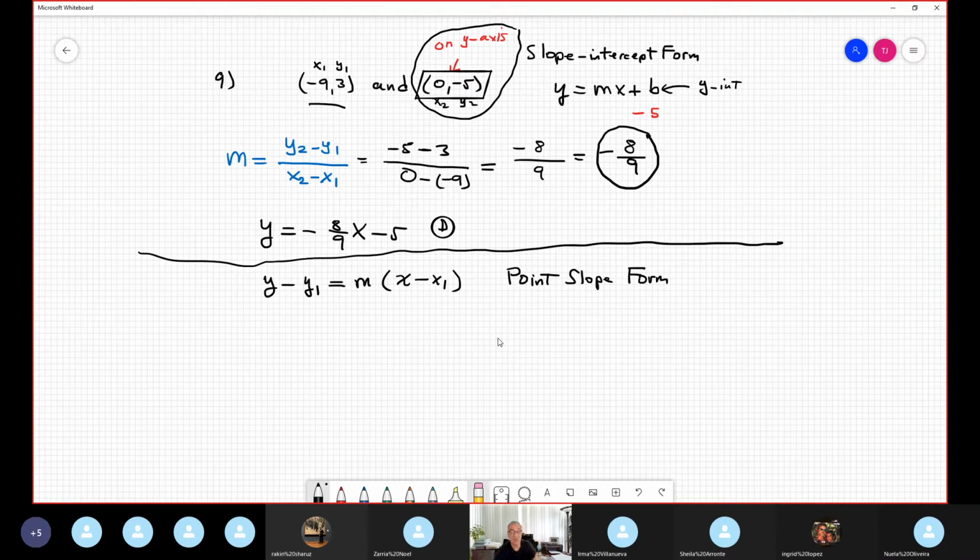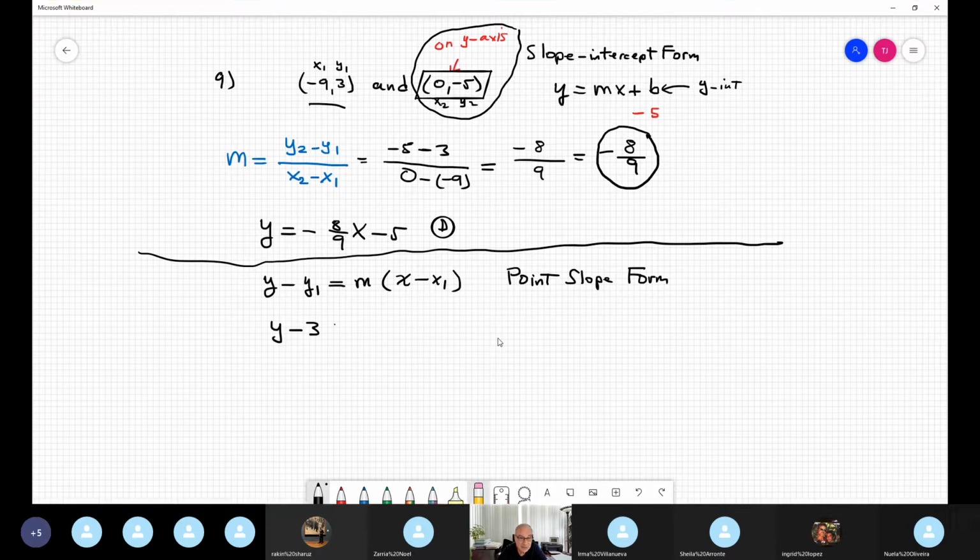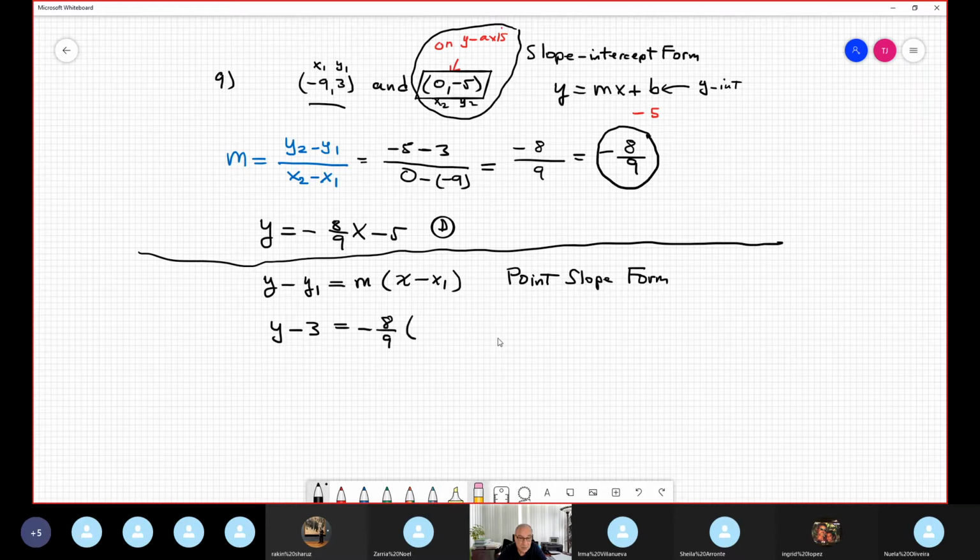It doesn't matter which point you take, the answer is the same. Now, suppose I take the first one. So, y minus 3, because y1 is 3, is equal to -8/9, parentheses, x minus x1, which is -9. Then, double negative again, it becomes positive.